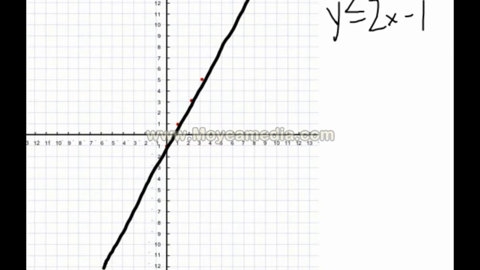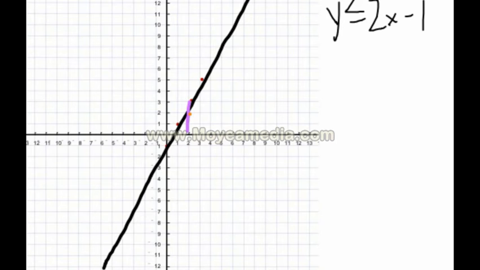And now, again, I want to find where y is less than that, 2x minus 1. So if I pick x is 2, then y is 3, and I want to be less than that, so I want to pick perhaps 2.